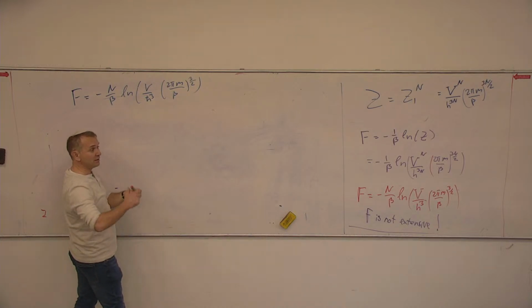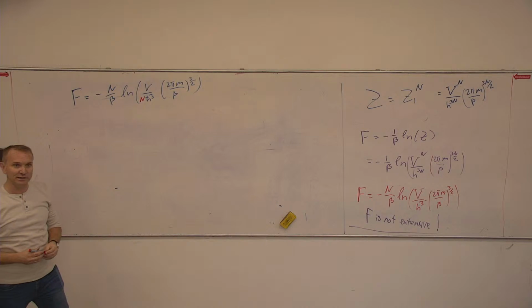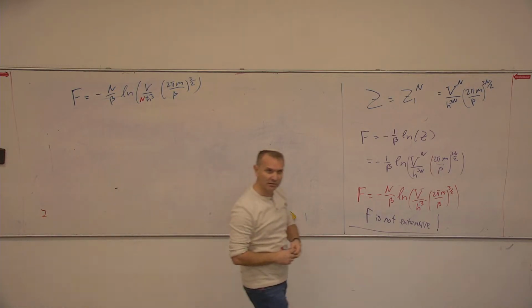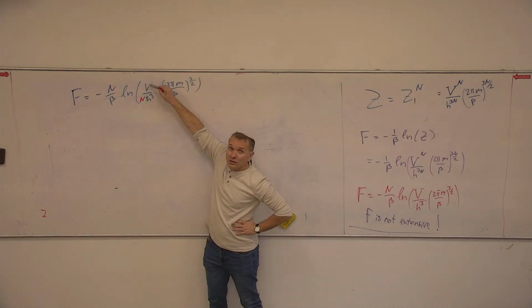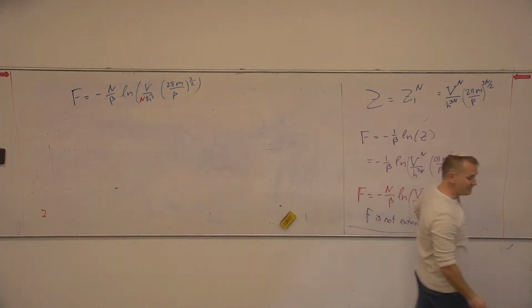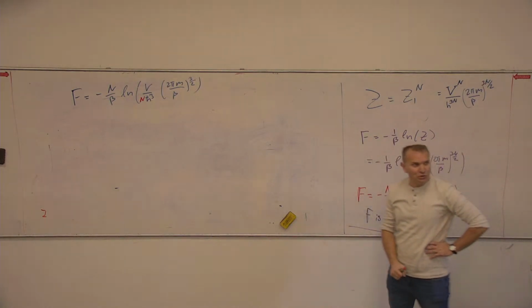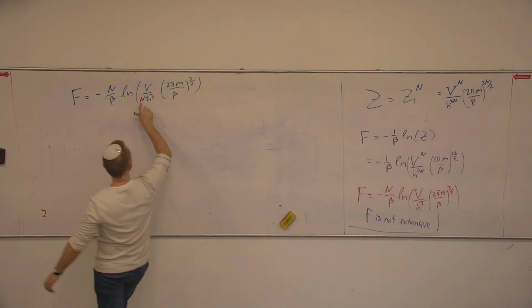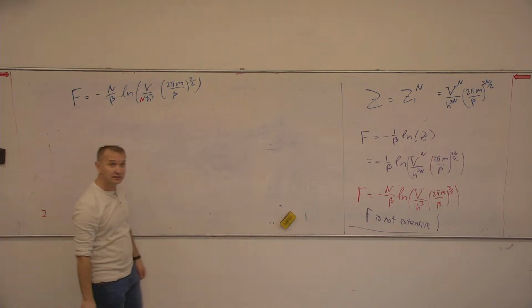And what you're proposing is exactly what Gibbs suggested. We need to modify something such that V will be divided by n. This is what we need to introduce into the system, so that this n will appear here. So what can we do in order to do this?